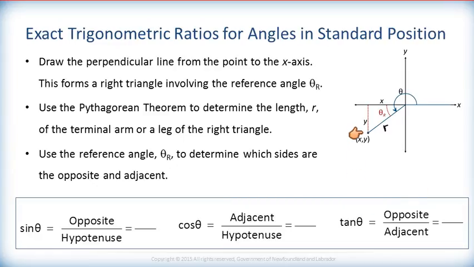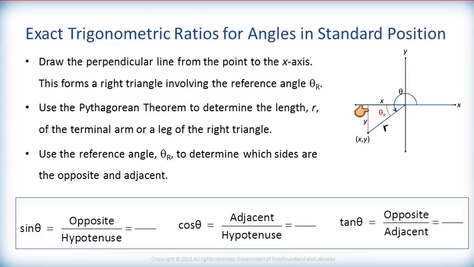Suppose you're given a point on the terminal arm of an angle. Here's our angle in standard position, and we take a look at where the terminal arm lies and think about its reference angle. We make a right triangle from the point on the terminal arm to the closest part of the x-axis. So we just draw that perpendicular line right there.